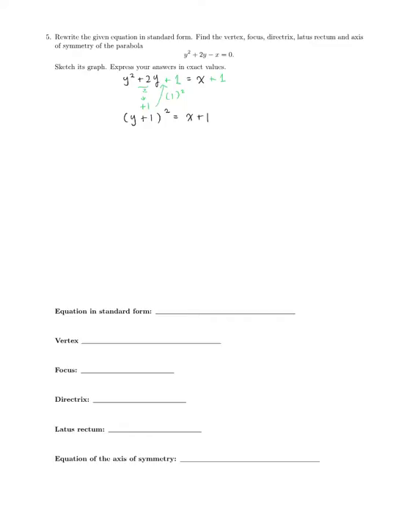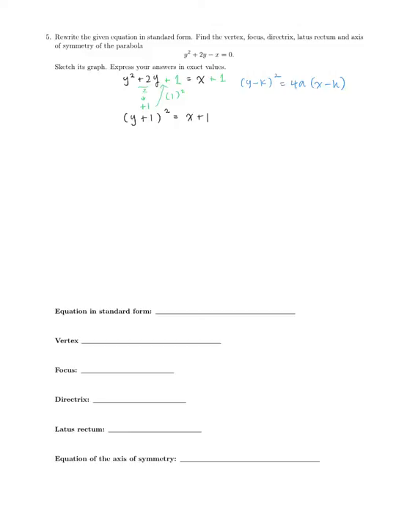Now, if you look at the formula sheet, what we should be using is the very top equation. Let me write down which equation we're going to be playing with. It will be (y - k)² = 4a(x - h), which means that our parabola is going to open towards the right.